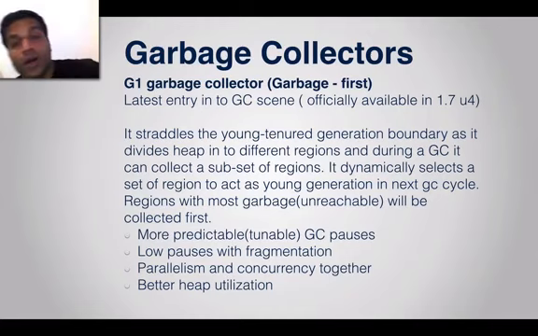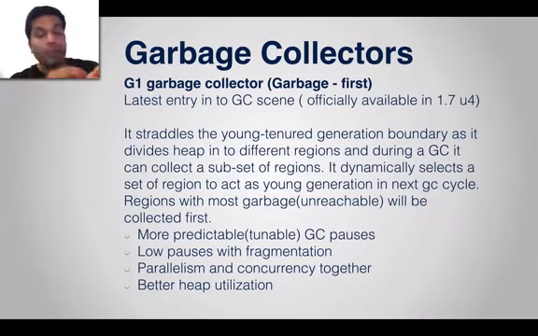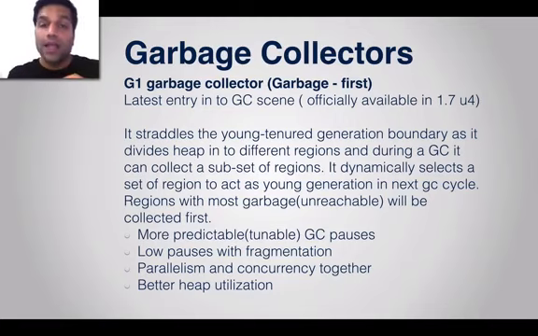What the G1 garbage collection mechanism does is divide your heap into small regions of memory, and each of these regions can be an eden space, a survivor space, or a tenured space. Whichever region has a lot of unreachable objects, more garbage, that area quickly gets collected by the thread, and that's why it's called the garbage first collector.